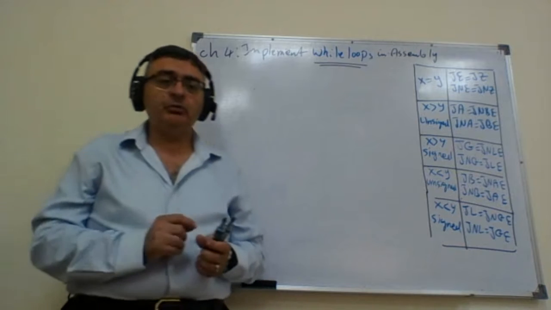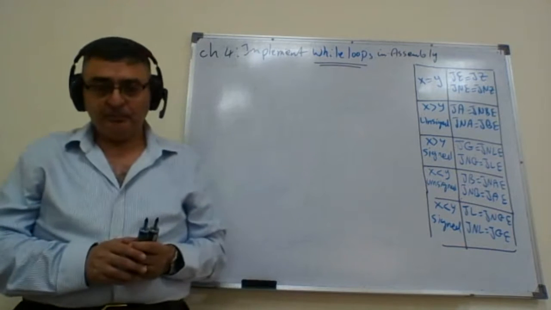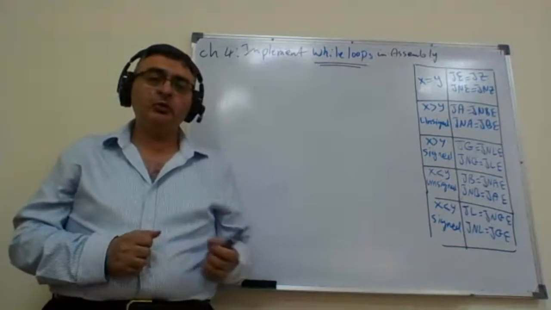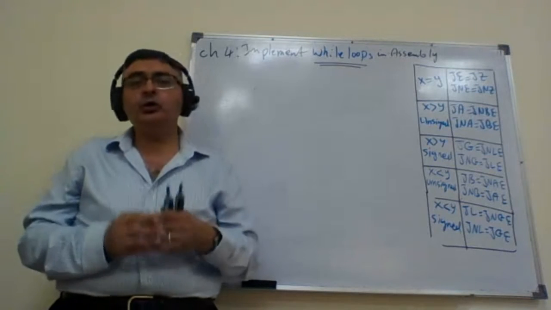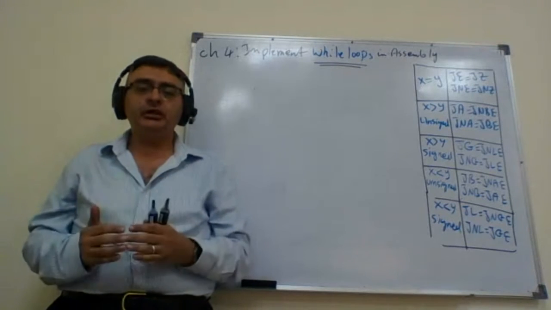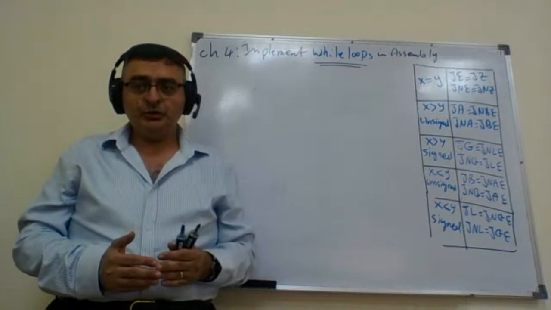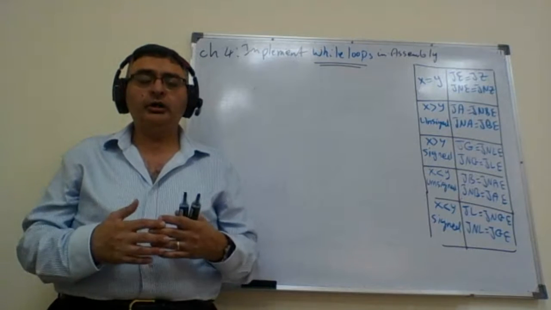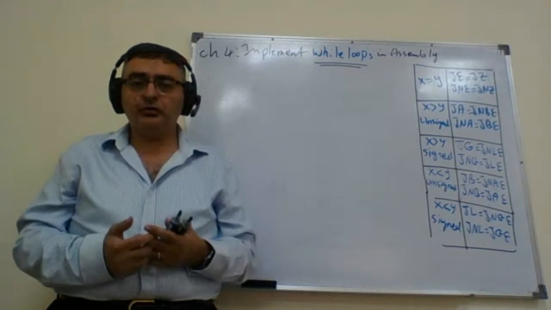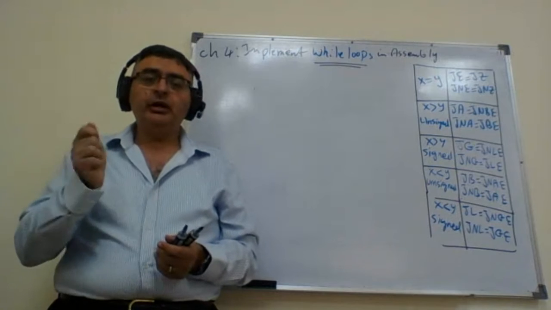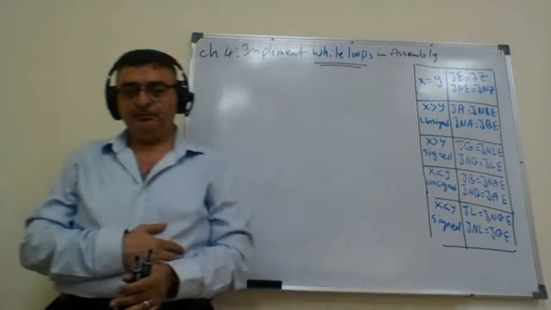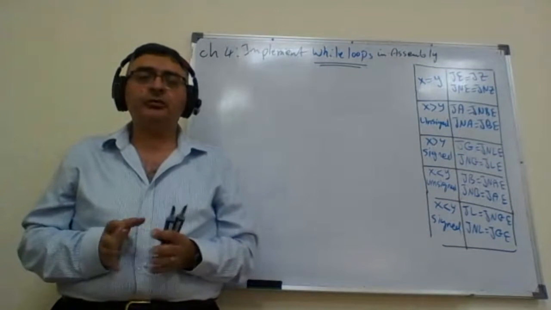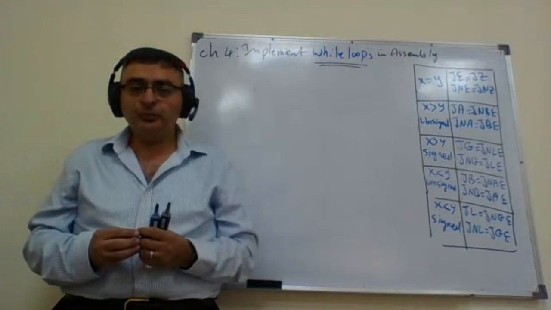What is the difference between while loops and for loops? The only difference is that in for loops, you know the number of iterations beforehand. While you are writing the code for the for loop, you already know how many iterations you will go through. This is not the case for the while loop.